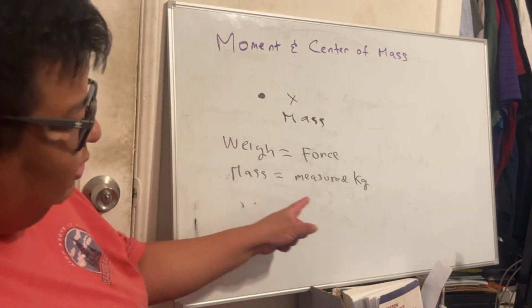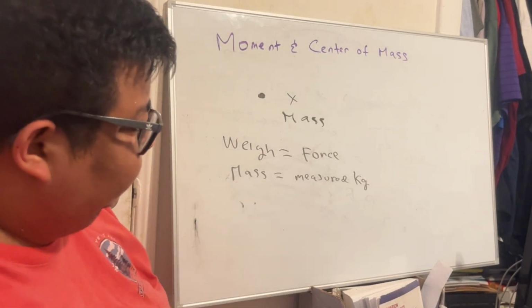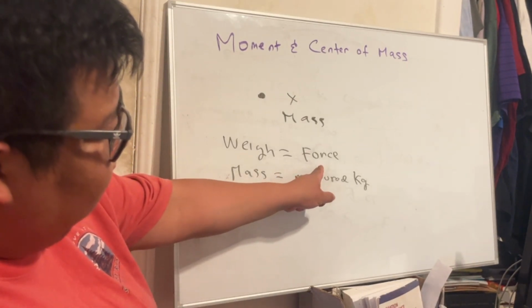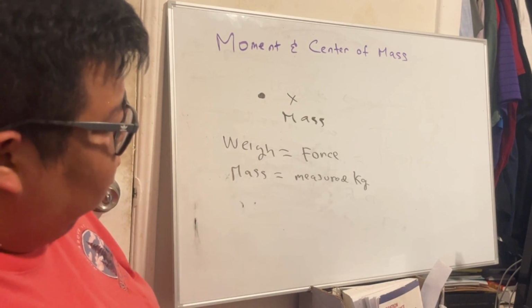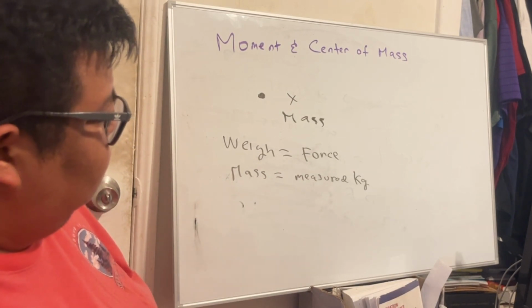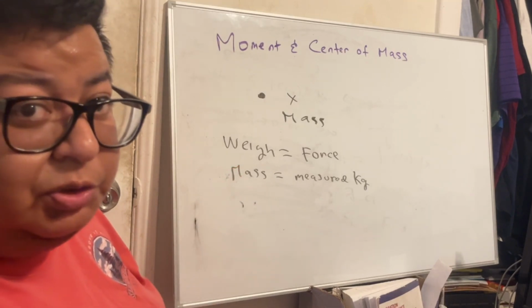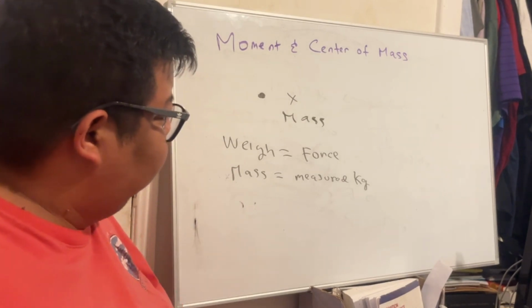Mass is usually measured in kilograms or grams, and weight is usually a force. So that's the big difference. Sometimes they are used interchangeably, but that's not correct.